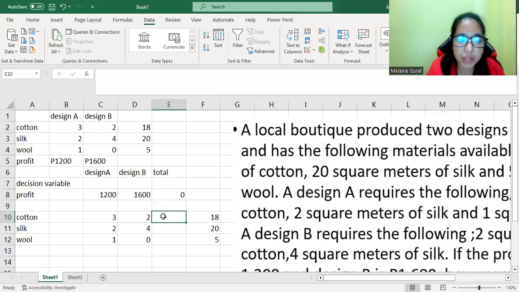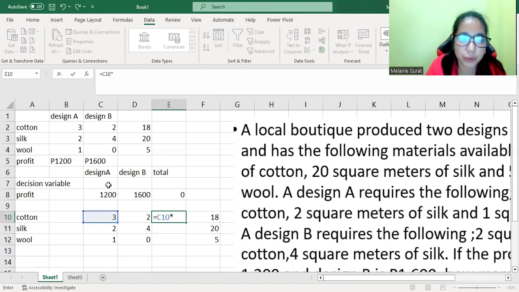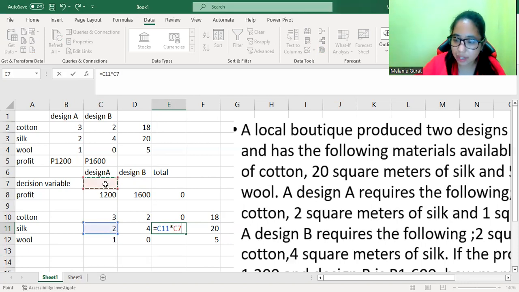To determine the amount of cotton that will be needed when we produce design A and design B, we multiply 3 by the number of design A, which we do not know yet, plus 2 multiplied by design B. We have to do that for all the materials, to get the values that represent the number of square meters of cotton, silk, and wool that we use.